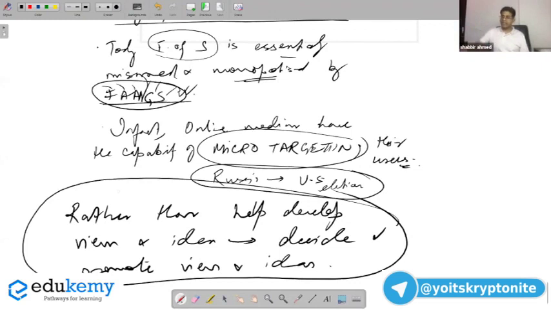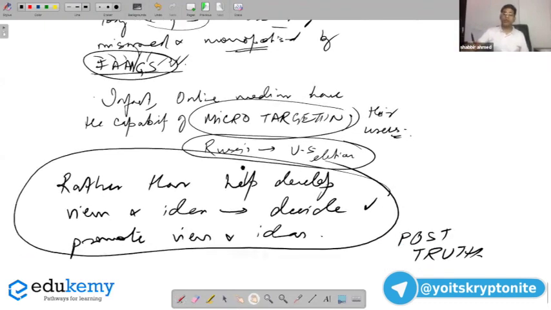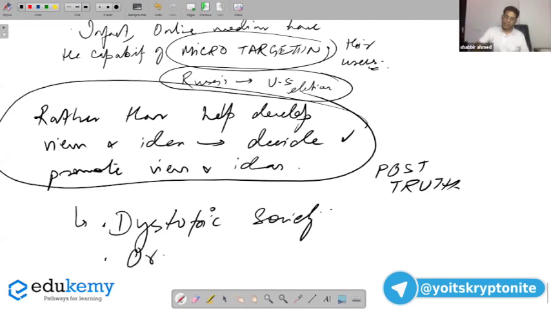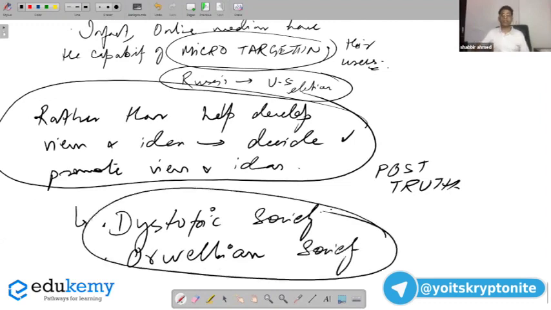Yes, Ankita, something referred to as post-truth. अगर ये words पता है तो use कर सकते हो, but then don't overuse it. This is typically what's called the dystopic society. This is the Orwellian society. ये terms use कर सकते हैं आप.